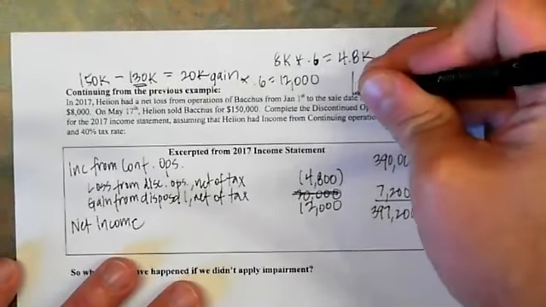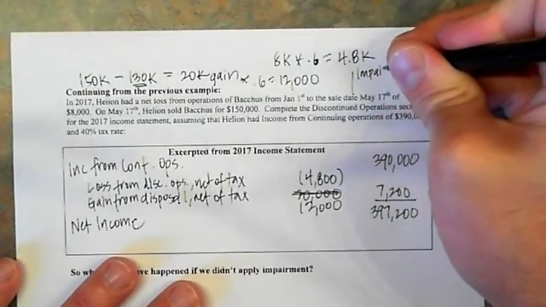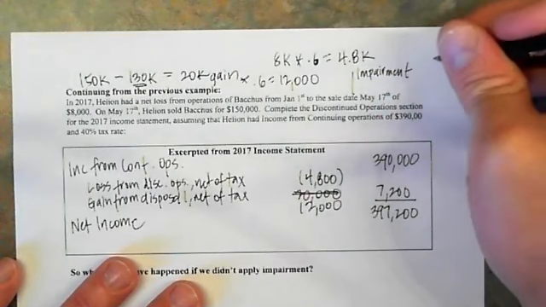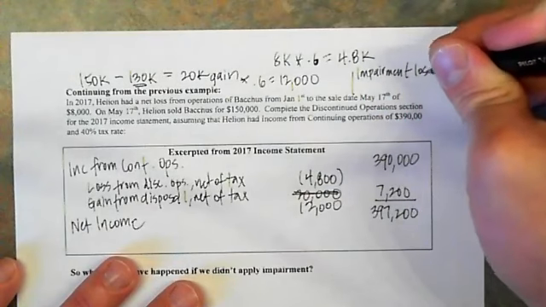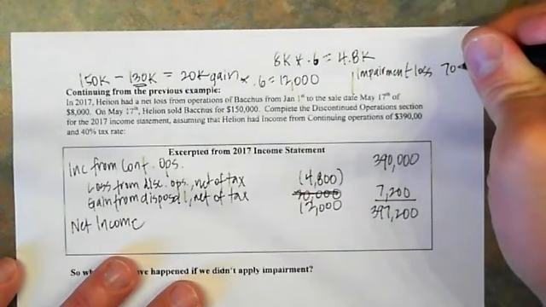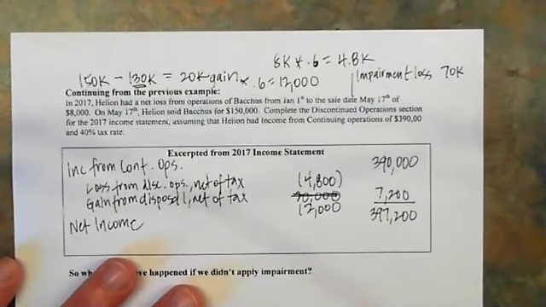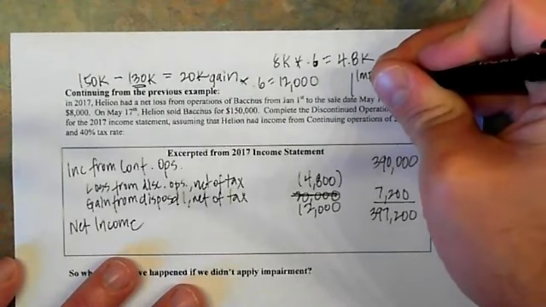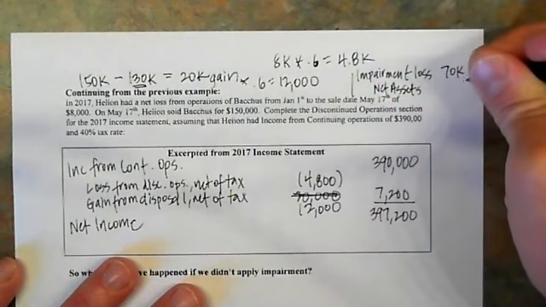Just so you know what's going on with that impairment disclosure, what the journal entry is, and I won't test you on this, but just so you know, and I'm going to simplify it greatly. We'll look at this in more detail in Intermediate 2. But in the impairment that we applied last year, we applied a $70,000 impairment. It would be an impairment loss of $70,000. And, for the sake of brevity, we'll just say that we credited the net assets by $70K.